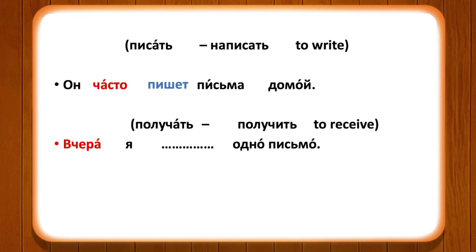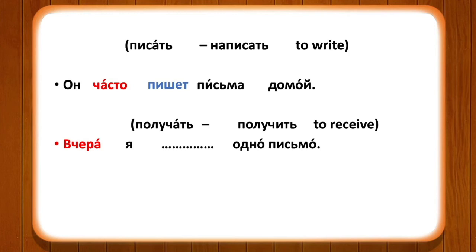So let us read the sentence. Вчера я dash одно письмо. Again, the adverb вчера, which is yesterday, means you have to conjugate the verb in past tense. Now, because the action is completed, yesterday I received one letter.